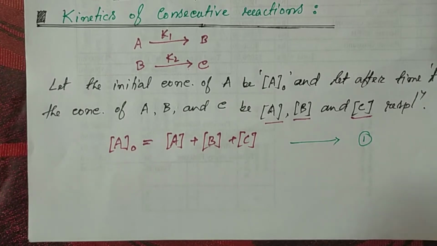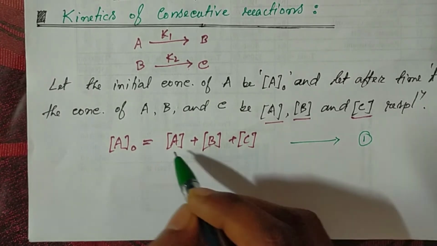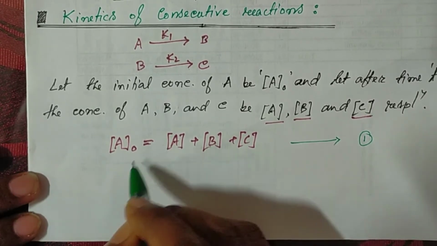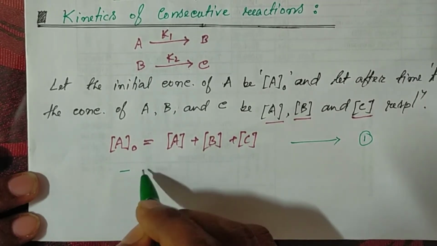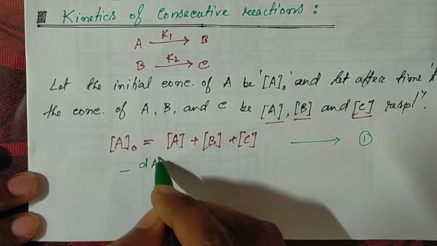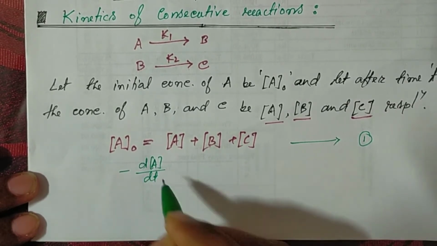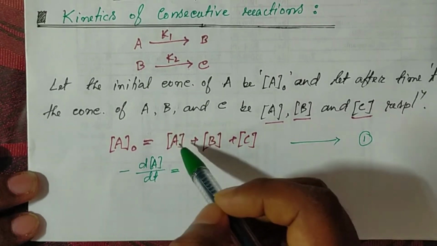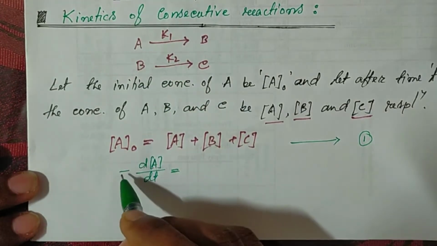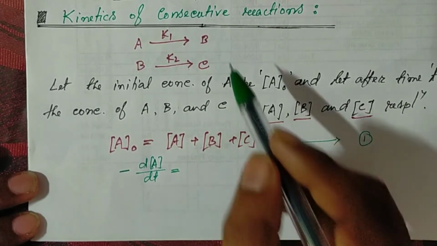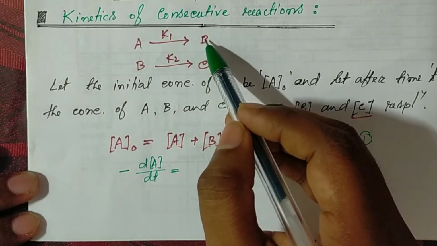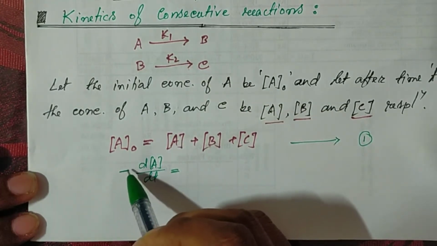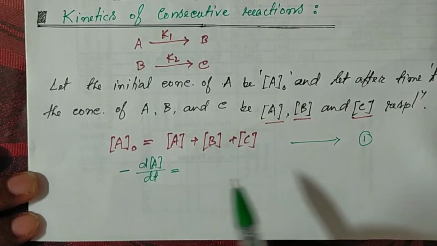So the differential rate equation of A, B, C will be: minus dA/dt is equal to, as A is on the reactant side, I write minus. For B, as it is on the product side, it will be positive, plus dB/dt.